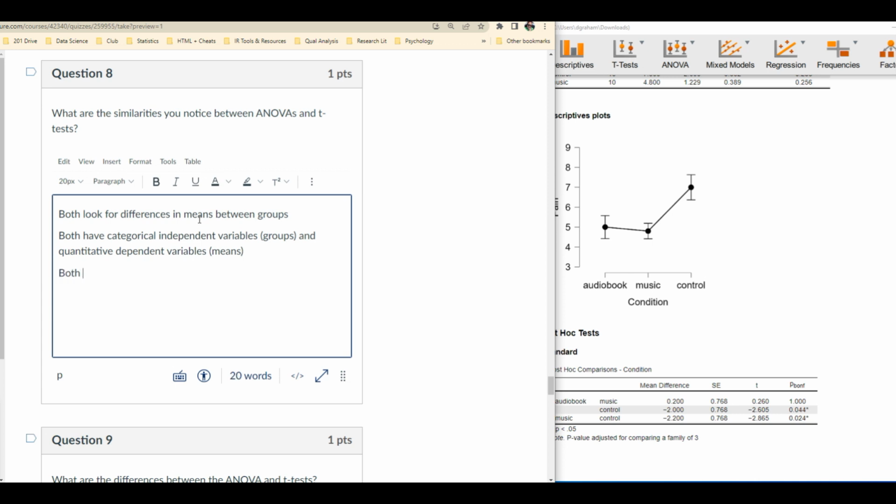Here's another obvious one you may not think of. They are both hypothesis tests, aka inferential statistical tests, right? Inferential statistics. We use the same alpha in this class for both of them, 0.05, to indicate our significance level.